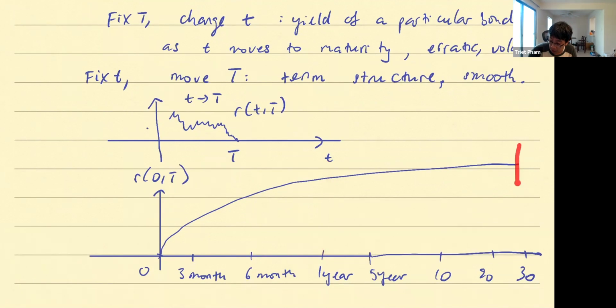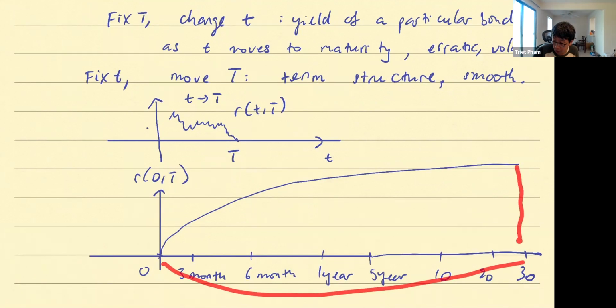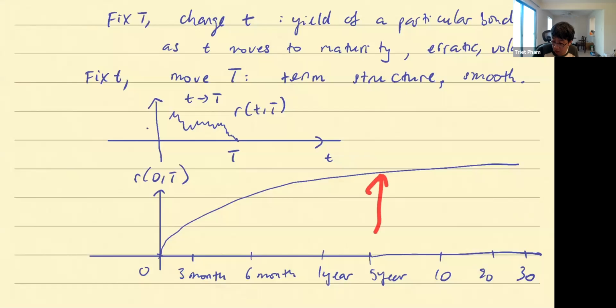And obviously it's increasing, because everyone knows that the longer you lock in your money, there's always time value of money, but the more on average you must be compensated so that you can part with your money for that longer period.